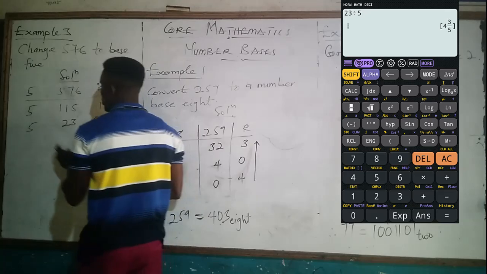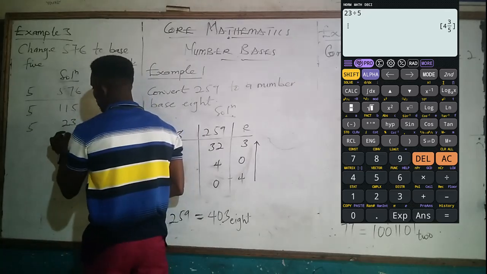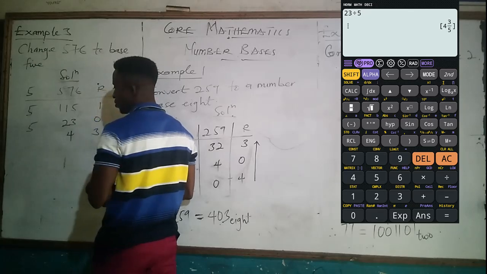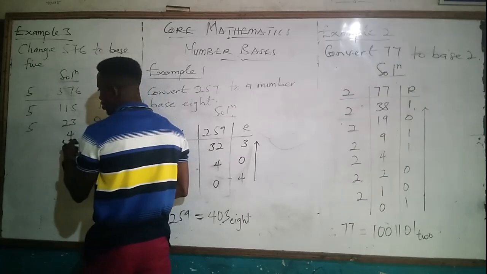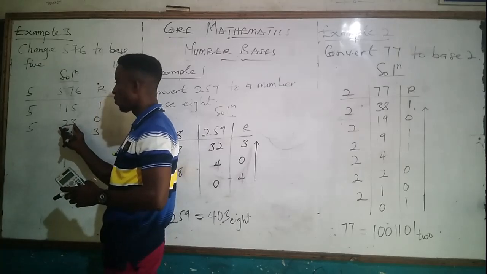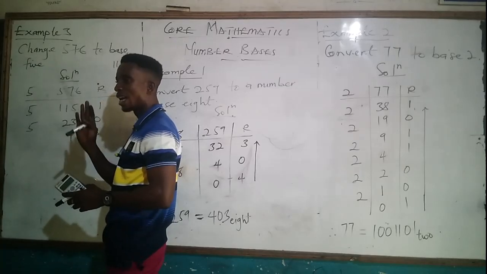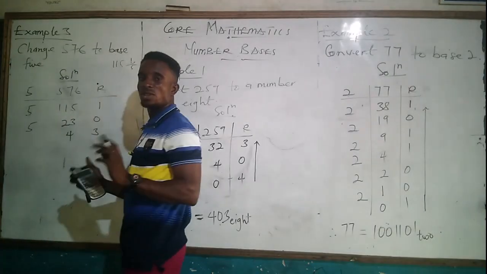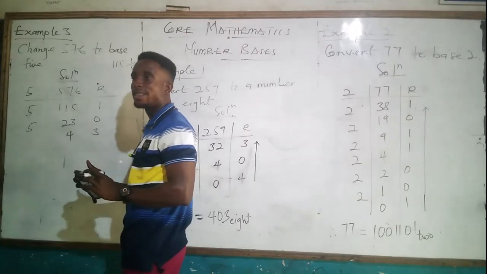So that is 4, remainder 3. I could have calculated this one because 4 fives is 20, but I just put it on the calculator, just not to confuse myself. Please, do we get that?